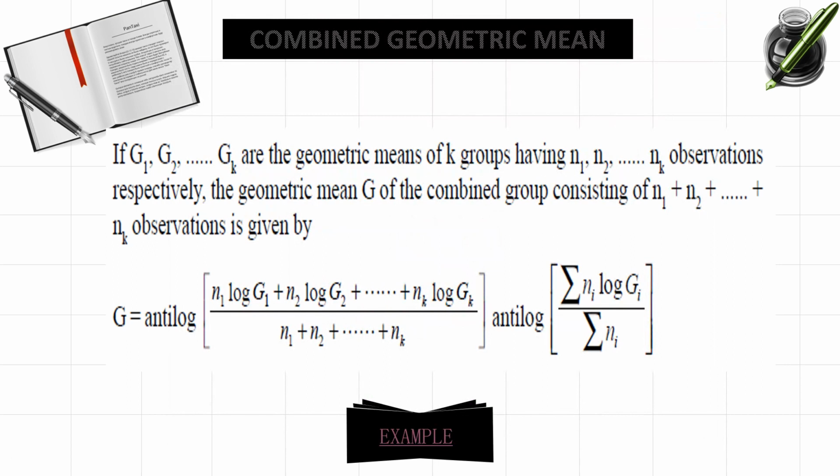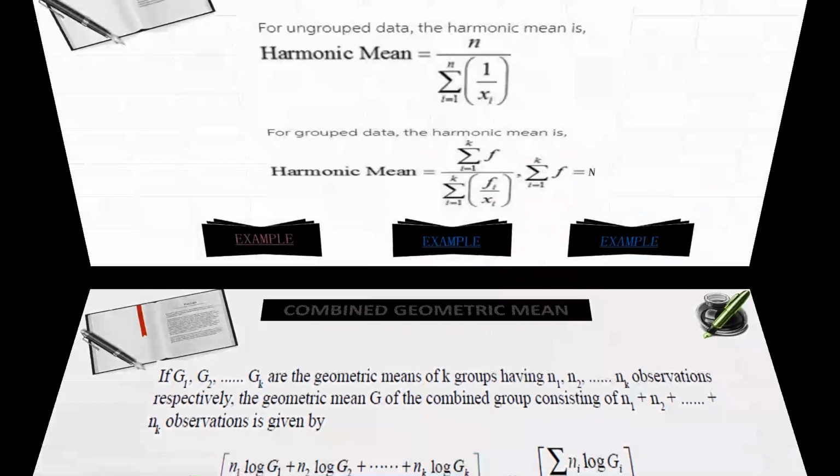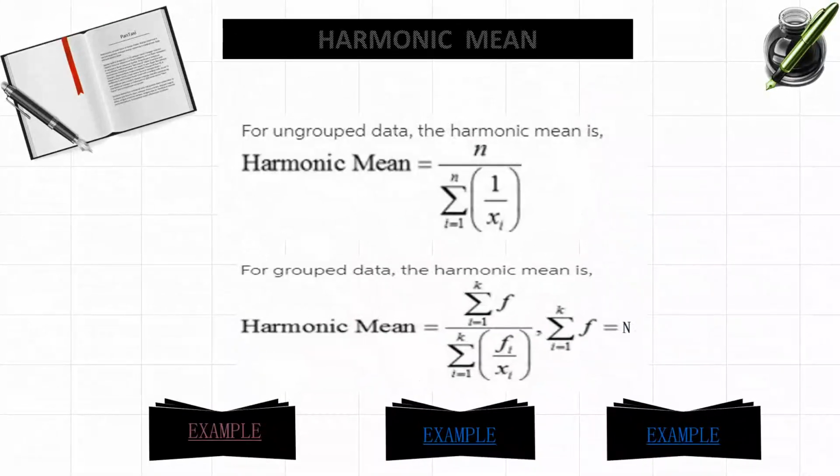Now let's see what is harmonic mean. Harmonic mean is a type of numerical average. It is calculated by dividing the number of observations by the sum of the reciprocals of each number in the series. Harmonic mean is the reciprocal of the arithmetic mean of the reciprocals. Here are the formulas given for ungrouped data and grouped data.